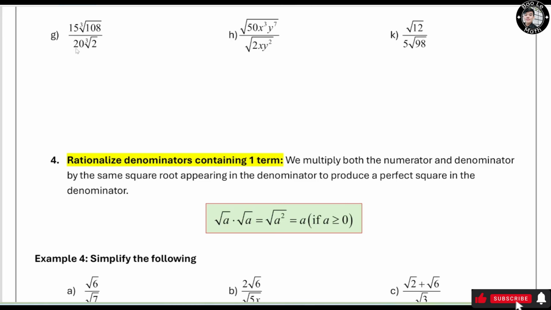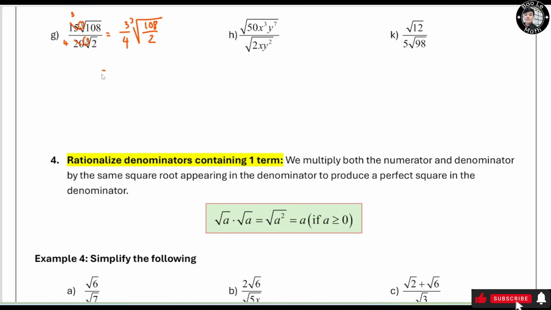Now question G. Now 15 and 20, we can divide the top and bottom by 5, right? So this guy 3, this guy 4, right? So we have 3 over 4. Now this guy have the same cube root, right? So we just rewrite the same cube root and 108 divided by 2, right?